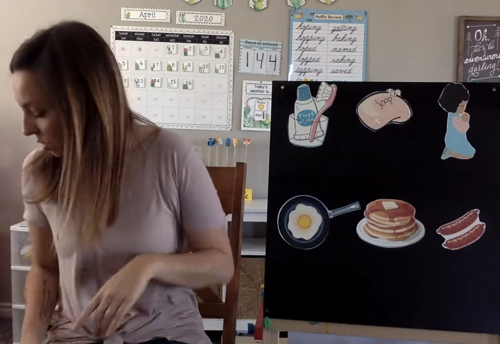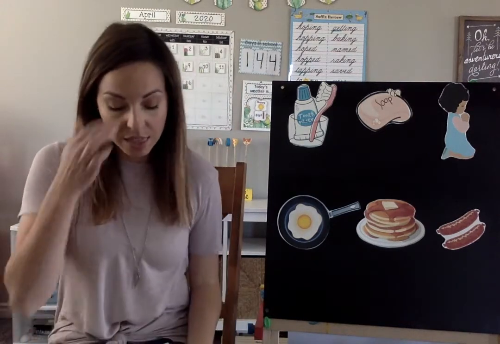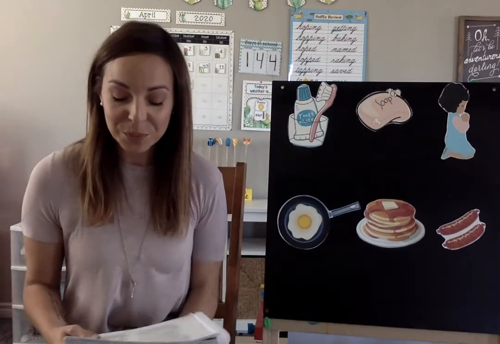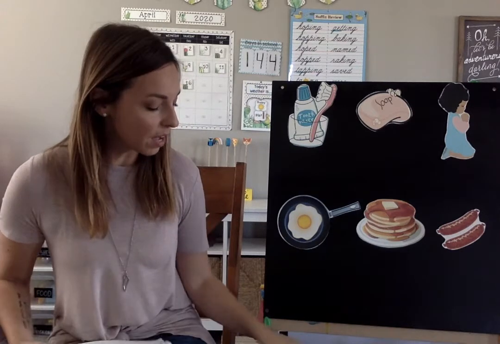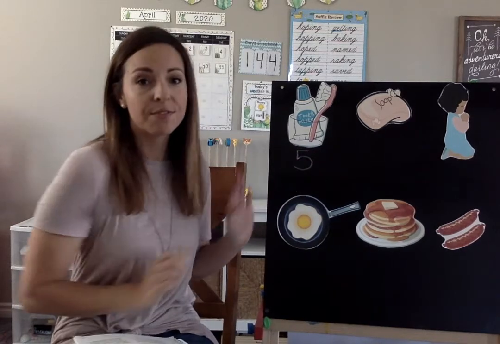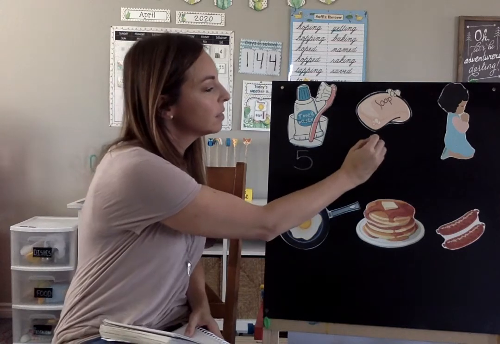I want you to listen to the story problem that I'm going to read to you. Tanya, here's our friend Tanya, was getting ready for bed. It took her 5 minutes to brush her teeth. 4 minutes to wash her face.